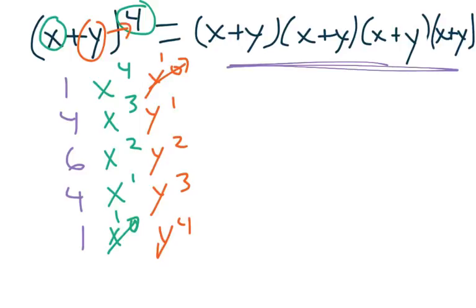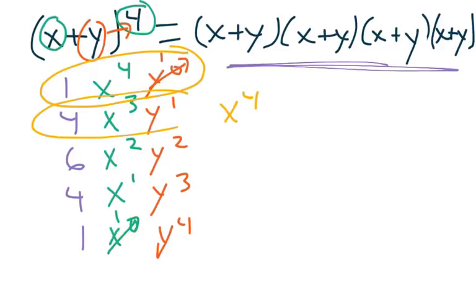Now, we're just going to put things together. That right there, do you agree, is 1 times x4 times 1, which is simply x to the 4. Next, I have a 4 there times x3, y1, so I get a plus 4 x to the 3, y to the 1.